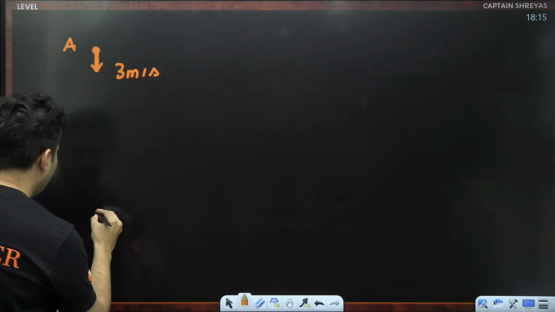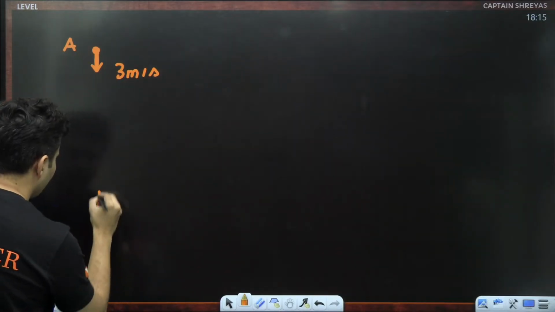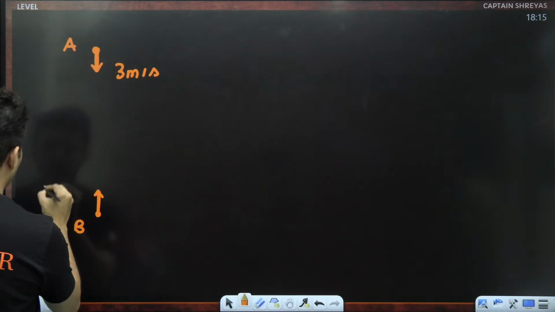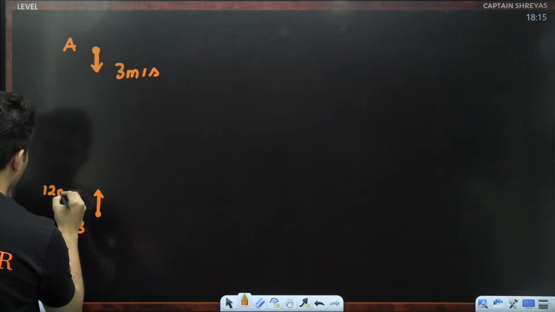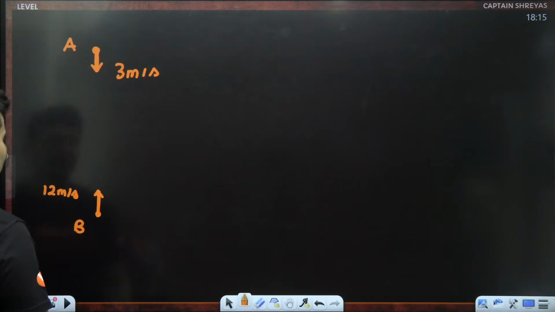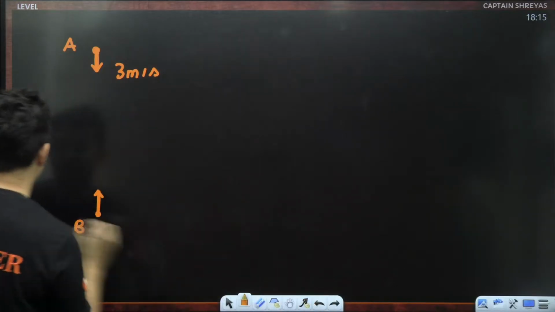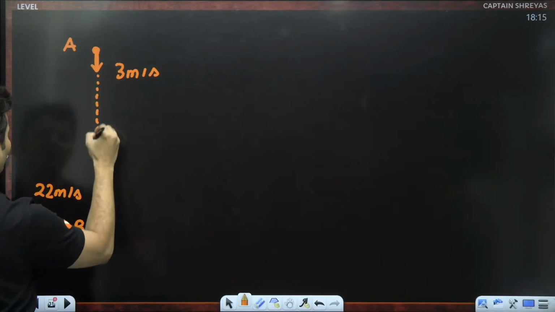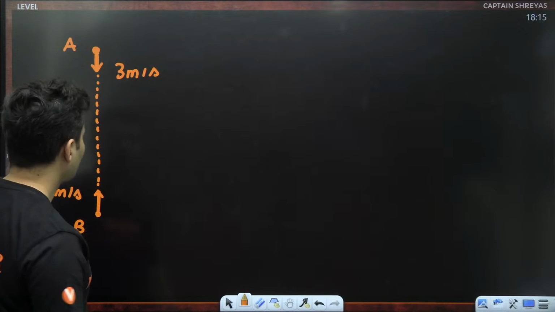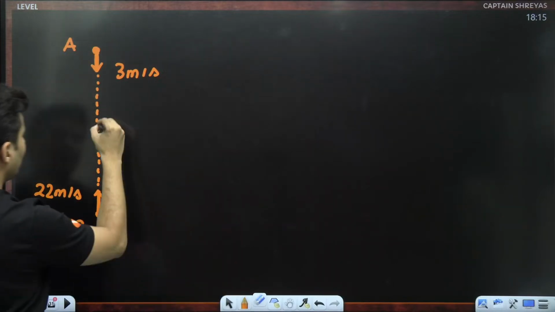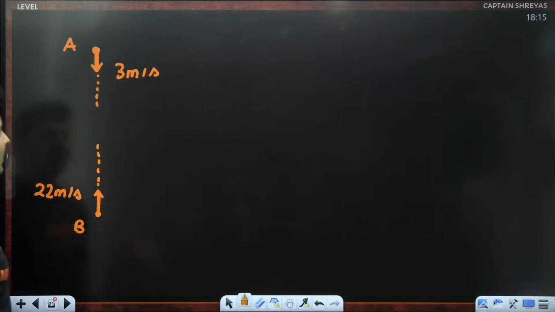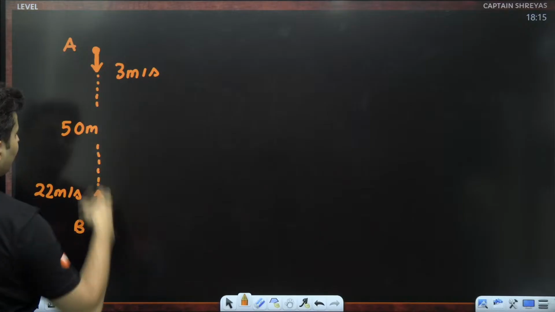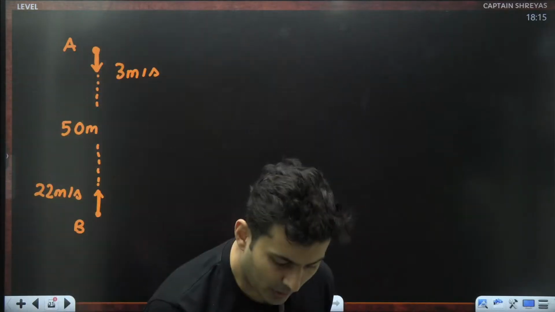And then there is another ball which is thrown up with a speed of, let's say, 22 meters per second. They are one below the other, and there is a gap between them of, let's say, 50 meters. From the top, you're throwing a ball down.